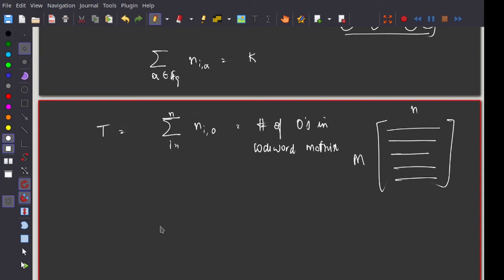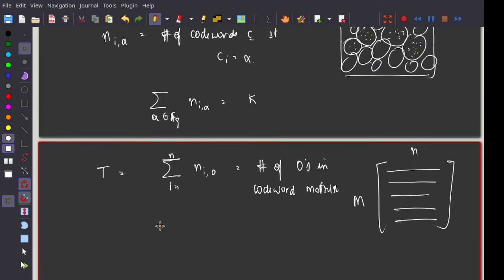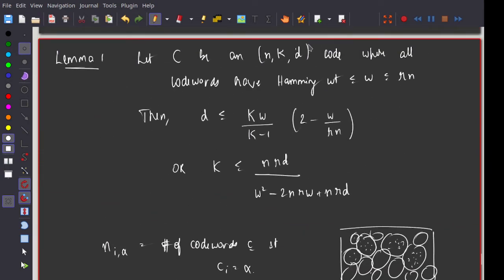Correct. So now the code book is of size capital K. I'm choosing this K instead of M because M is the size of my original code, whereas K is going to be the size of the subcode. If you want some other notation, let me know. M1?